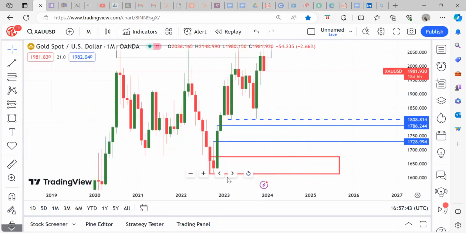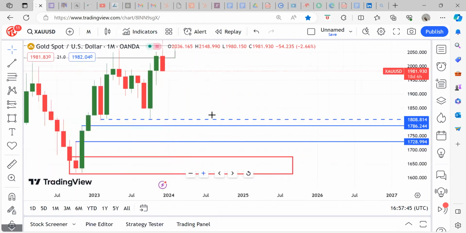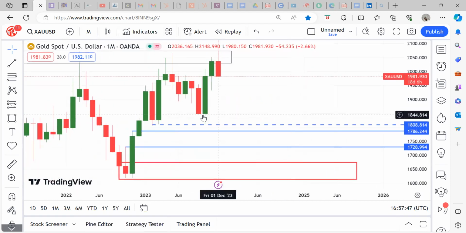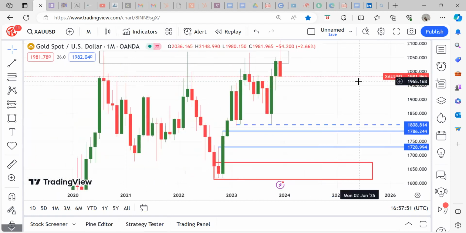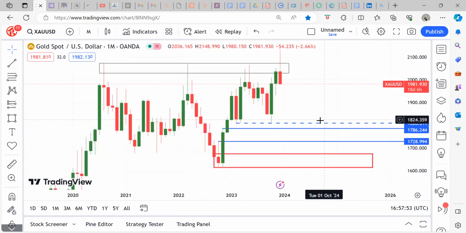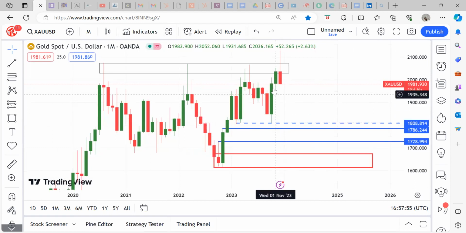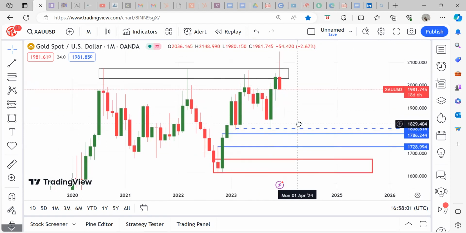Now on the monthly time frame, you can see that after gold hit that price, our target, because we had a first level target there, see what happened. Bah, bullish engulfing, a massive bullish rally. The follow-up candle was a massive bullish rally.